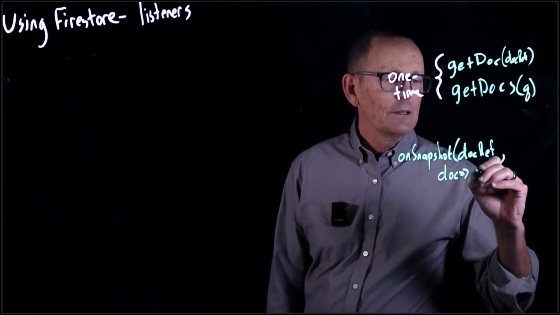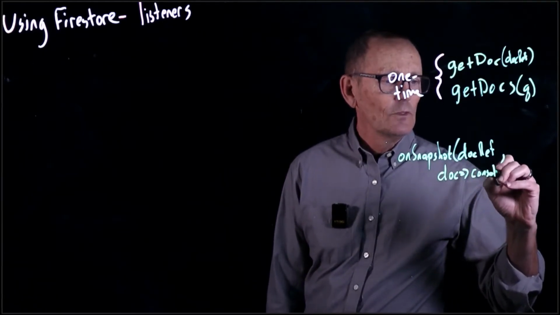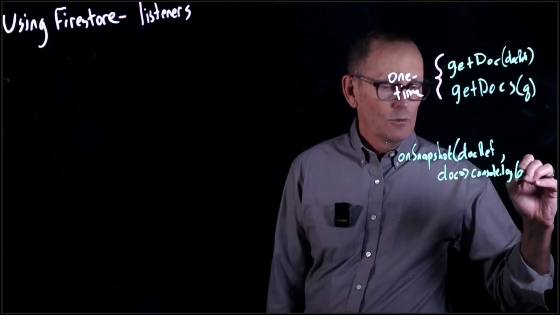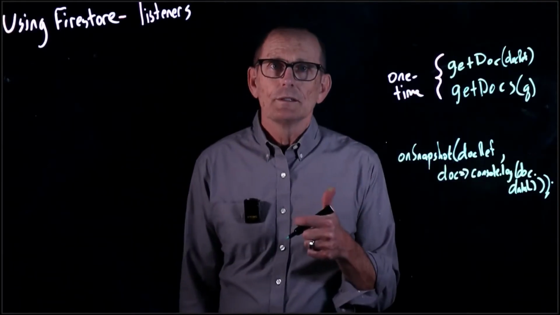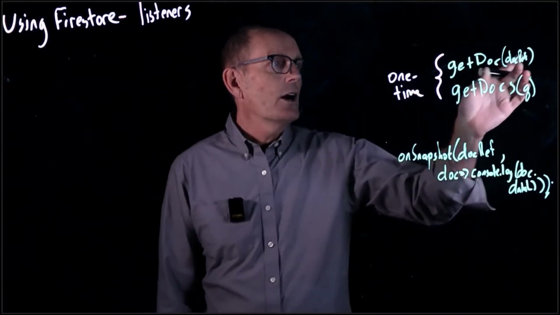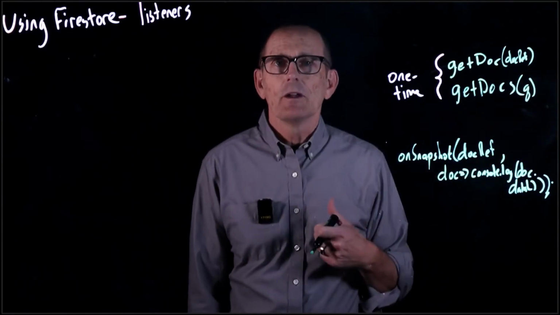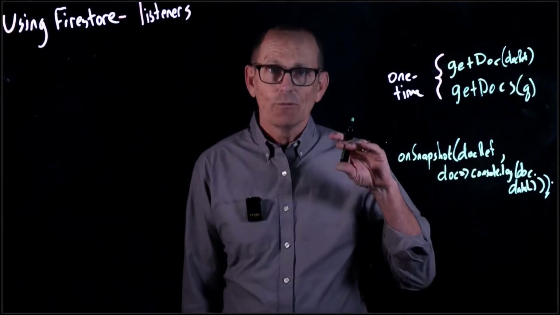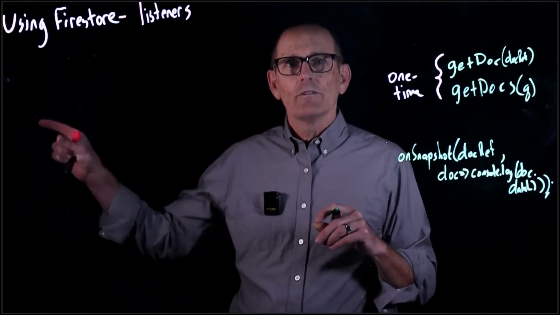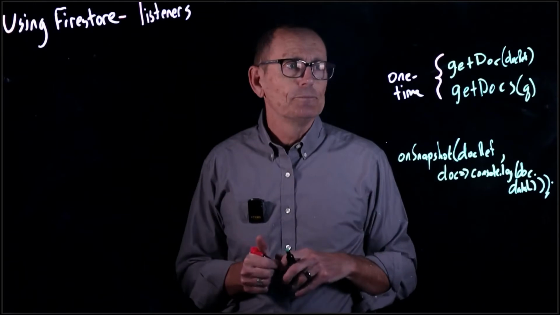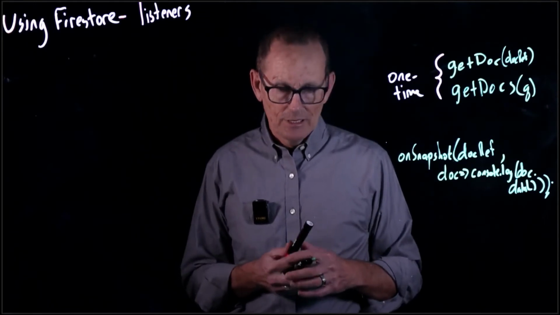Here we can do whatever we want to do with this doc. So again, called once. So it's not unlike getDoc when you put a .then, which also gets called once. But then it's called from then on whenever anything changes. And what's nice about it is whenever anything changes locally or when anything changes in the cloud through some perhaps remote client.